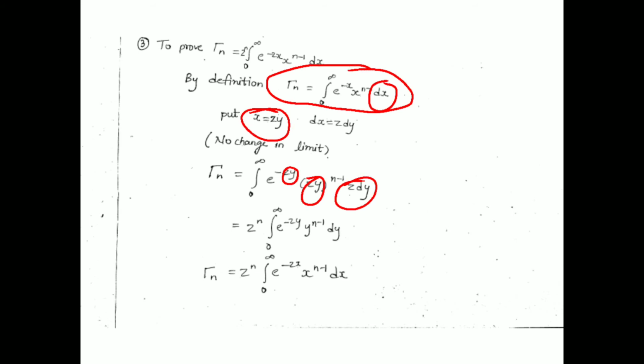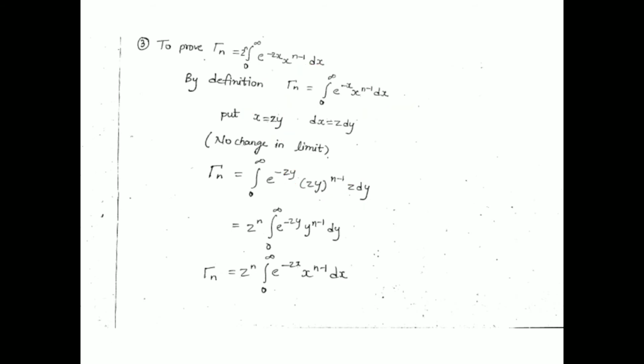And another thing is, we need to look at the limits. So here 0 is the lower limit. When x is 0, that is equal to zy, 0 by z is nothing but again 0, so y would also be 0. As this is a function, here dx is there, here dy is there.